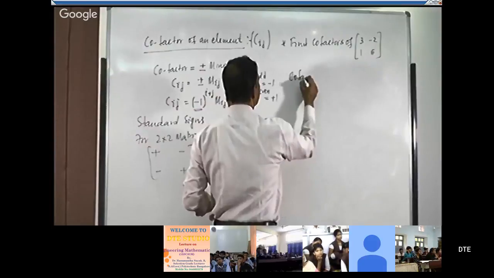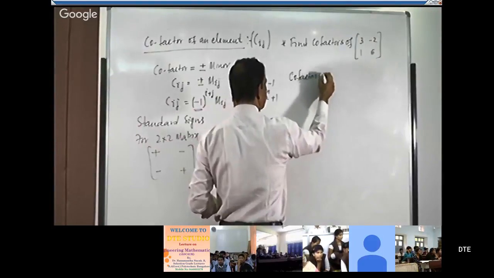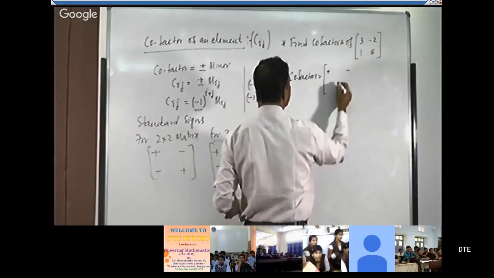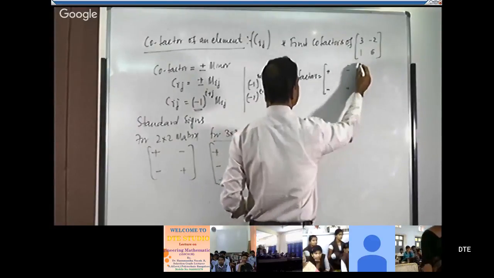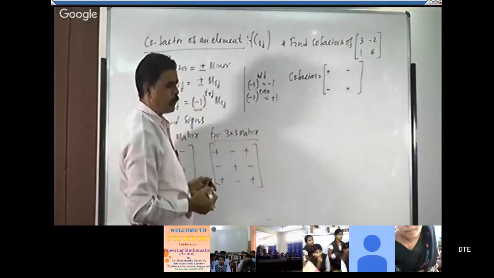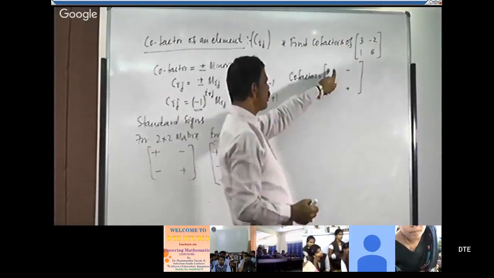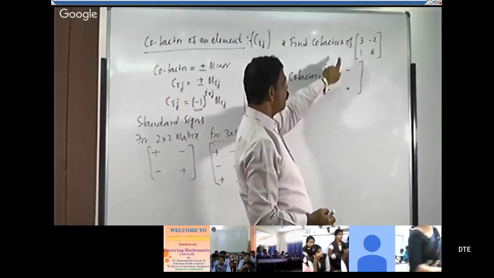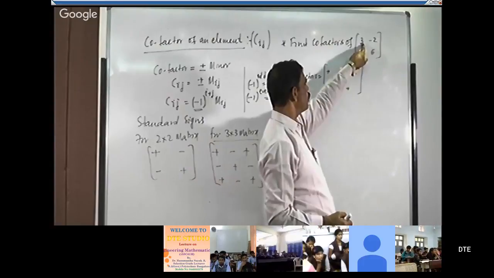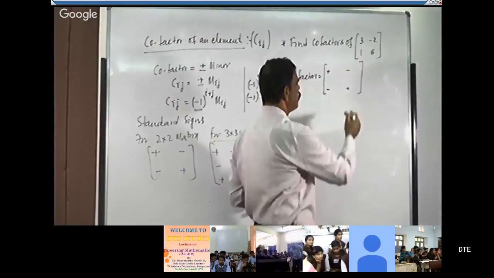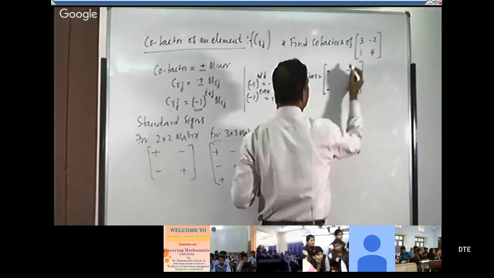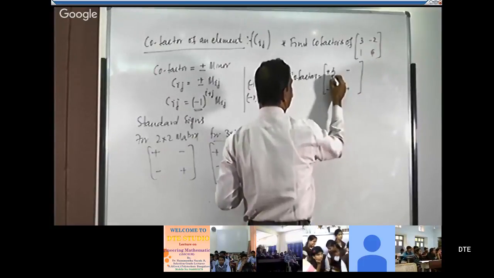Cofactors are equal to, first put the standard symbol plus, minus, minus, plus. Along with this sign, you should write the corresponding minor. What is the minor of 3? Leaving the corresponding column and row, you get 5.